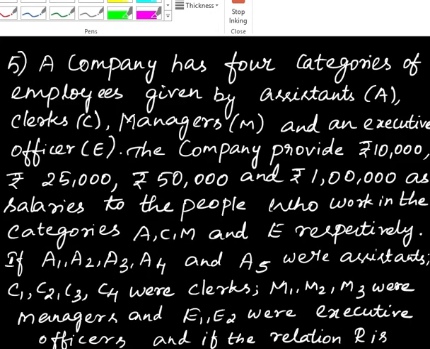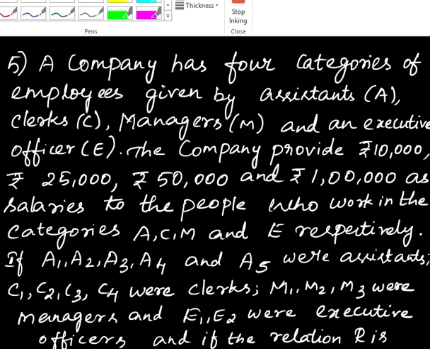Fifth question, a company has 4 categories of employees given by assistants A, clerks C, managers M and an executive officer E. The company provides rupees 10,000, rupees 25,000, rupees 50,000 and rupees 1 lakh as salaries to the people who work in the categories A, C, M and E respectively.